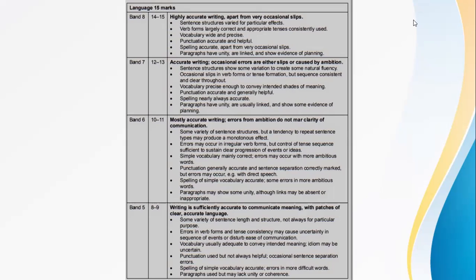So in case you fall into this category, you will fall into band 5, which would give you 8 to 9 marks, right?